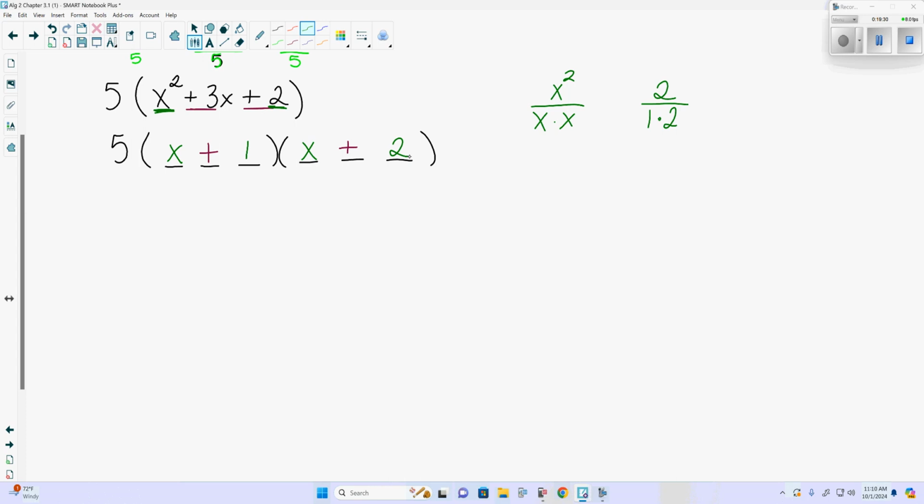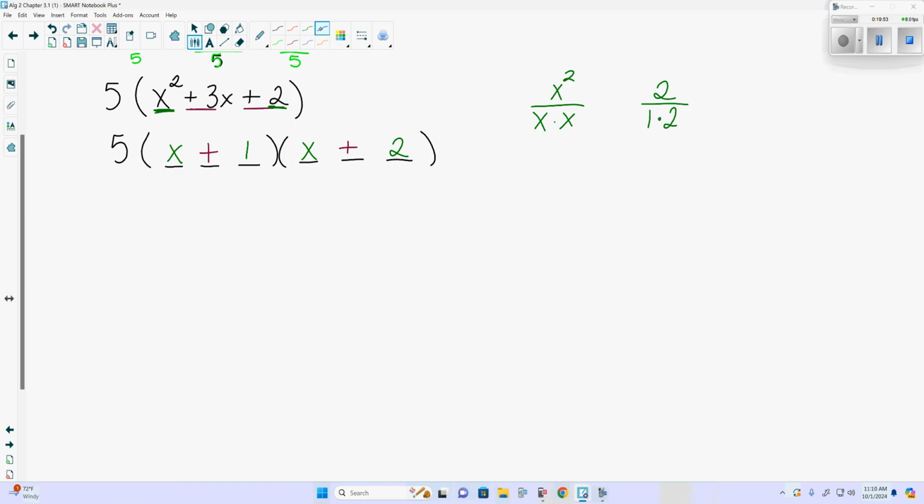Because once we get them plugged in, we're going to check. So I'm going to pause for a second before we start checking. Questions on any of this here so far? We won't need that 5. So we only need it once. We just need it in the front. We're ready to check. Okay.